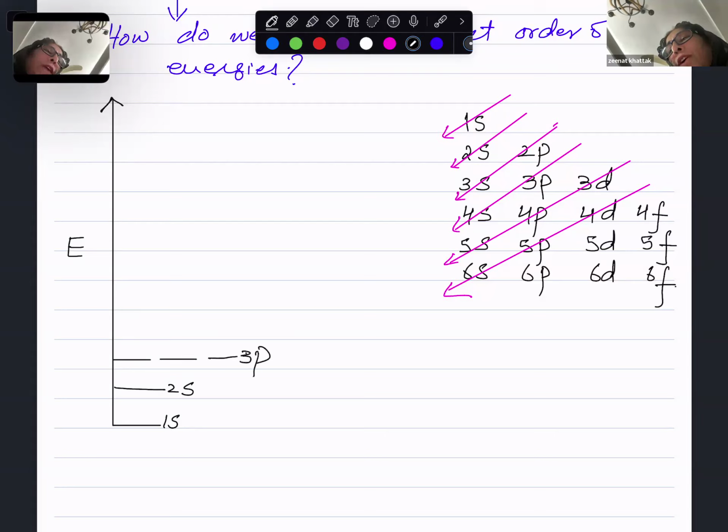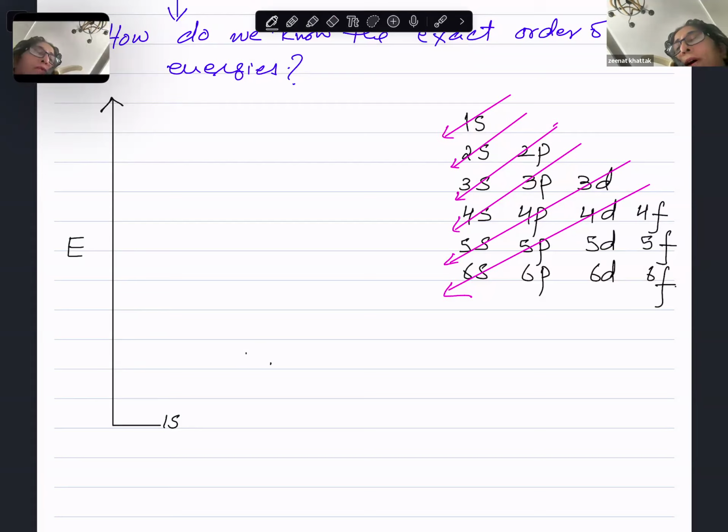There are 3 p orbitals. 1s, and now what? 2s, and then what? 2p: 2px, 2py, 2pz. And after 2p, next is what? 3s.